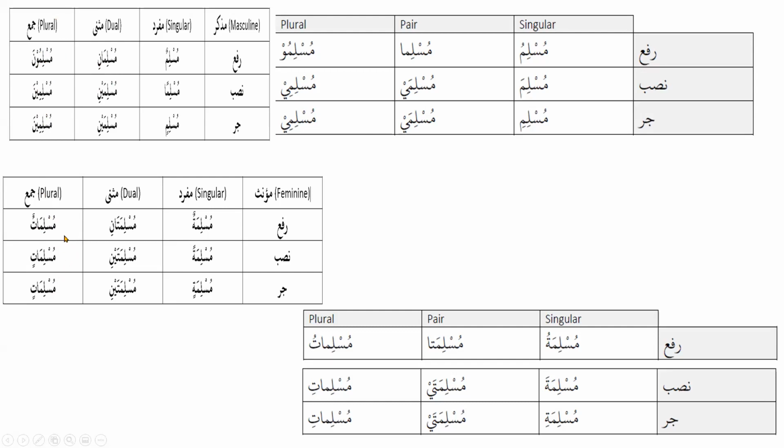Like samawatun means skies, which also finishes with atun, alif and a normal ta. Sayyaratun also finishes with atun, but this is not human, obviously. Sayyara means car or vehicle. So there are words ending with atun that are feminine but don't always mean human. They are from the same feminine chart.